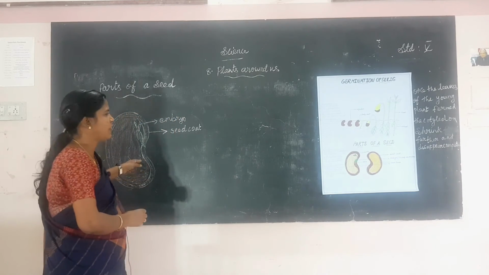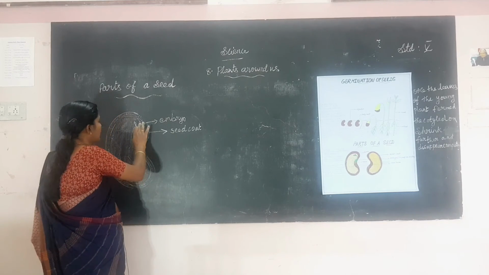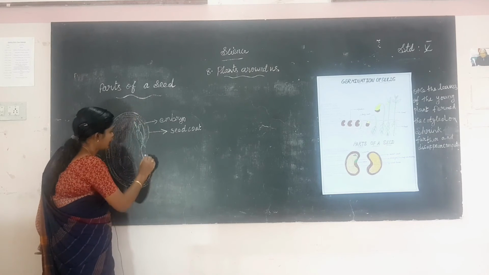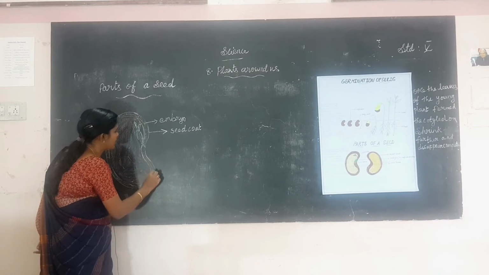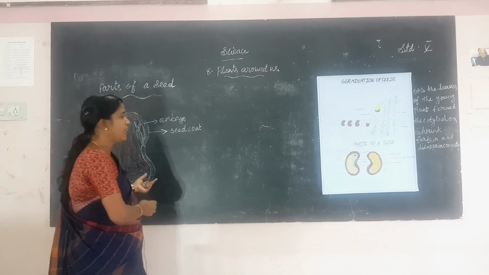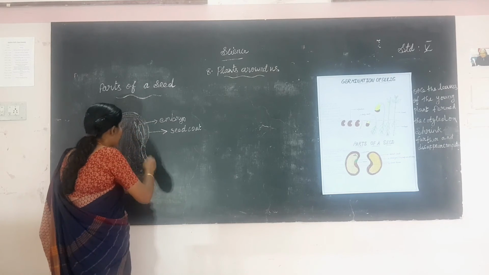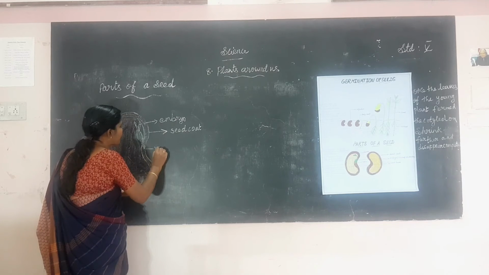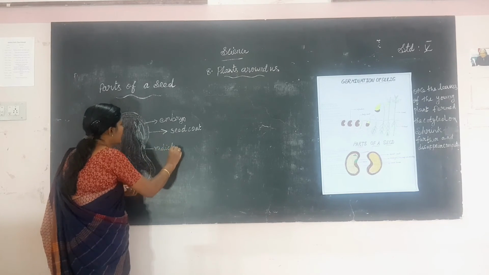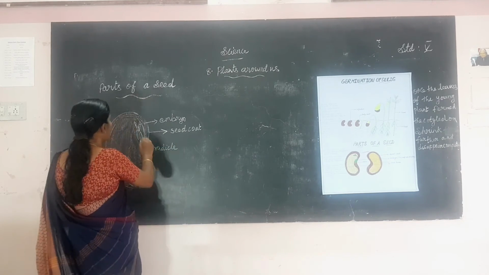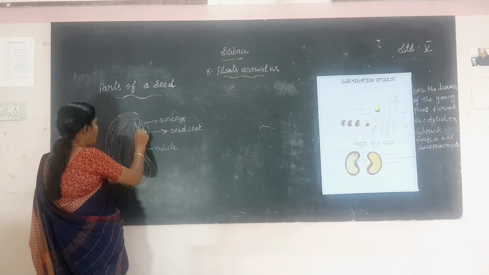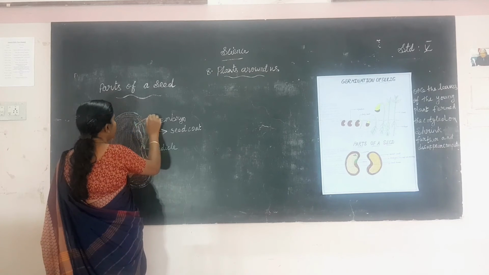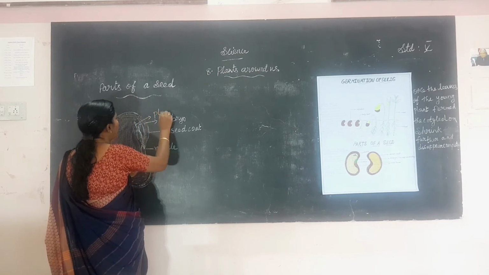Next one, what? Seed leaves. This side has the seed leaves. This side, the small root will come. That is what? Radicle. Leaves, which one? This one? Plumule. This side the leaves will come. That is the plumule.